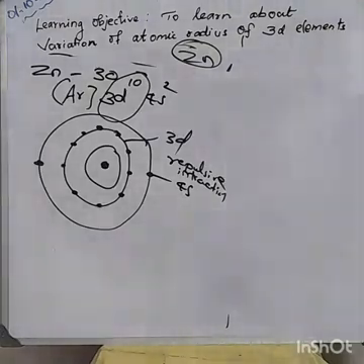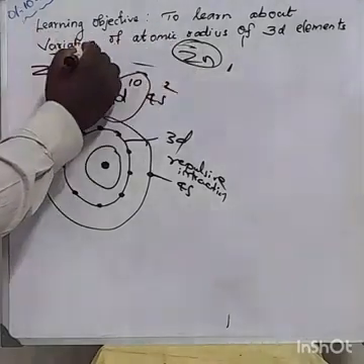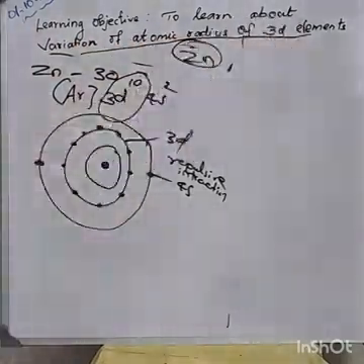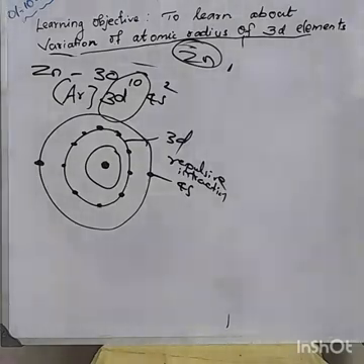Okay. So what about the variation of atomic radius in the 3d orbital? I already told you the conditions. First, the atomic size decreases. Next, the atomic size becomes constant. Next, the atomic size increases.